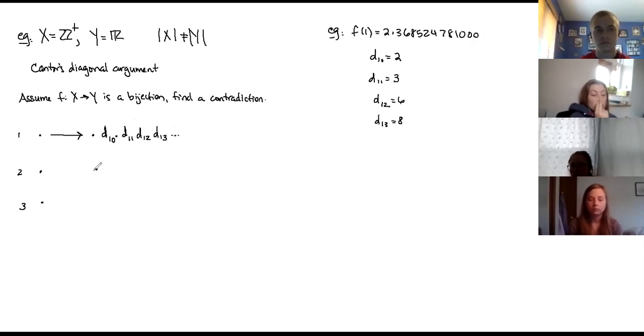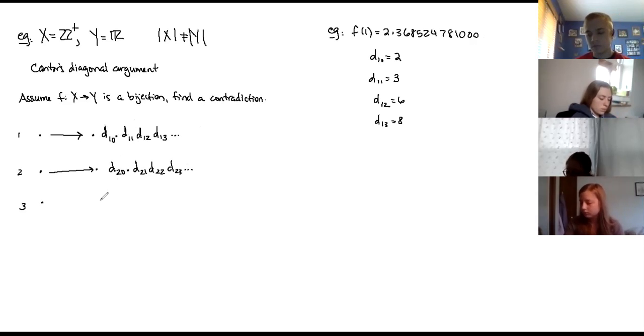Okay, so 2 is then gonna go to D20, the number before the decimal point, and then D21, D22, D23, etc. So I've got my next one. I'm just changing notation. I don't know what this function is because I have to assume this works for all functions. And then one more, we'll do 3. 3 going to D30, D31, D32, D33, etc. Okay.